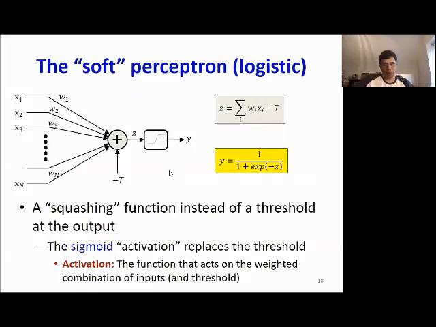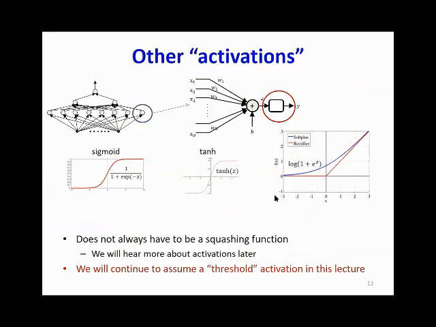As we'll see in a couple of lectures, there's a lot of benefit to replacing the threshold activations by these soft activations. But once you restate the perceptron in this manner, as taking an affine combination of inputs and passing it through an activation, which could be anything.